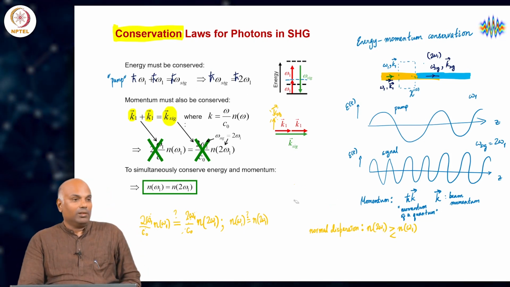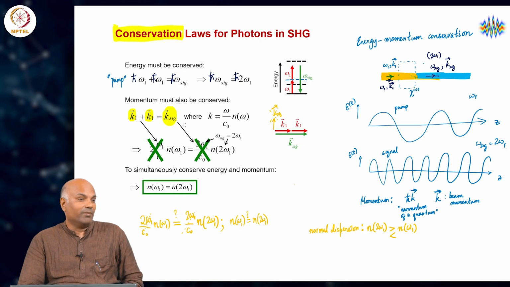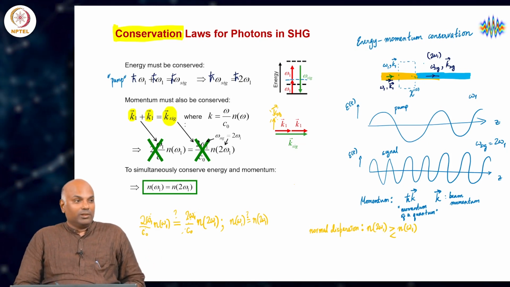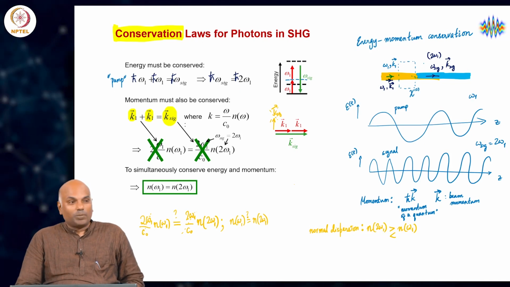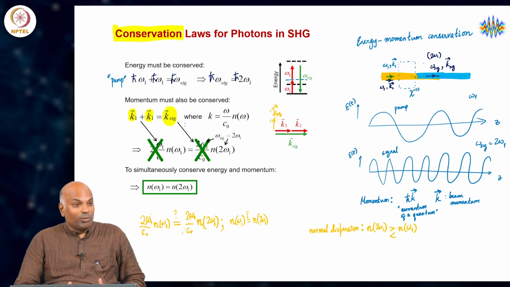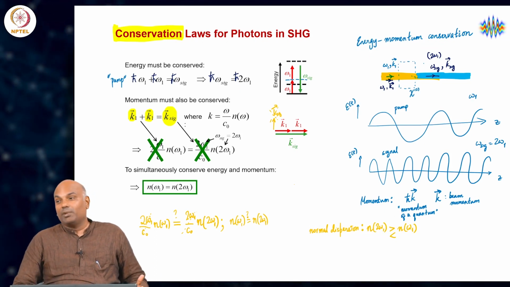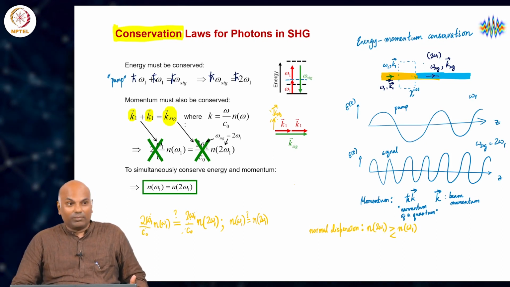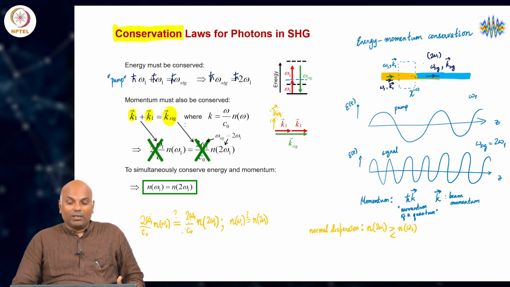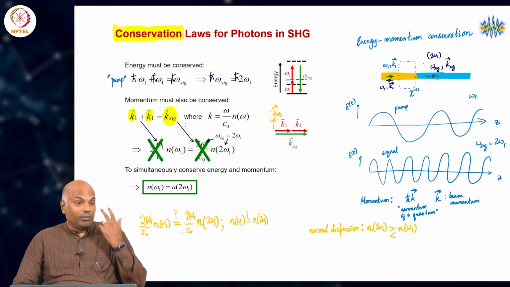Alright, is this even possible? We laid out a nice framework for generating the second harmonic. Maybe it is not possible to generate the second harmonic because momentum conservation is never possible. Maybe it is never possible to generate, it is just maybe a theoretical possibility if you wish.